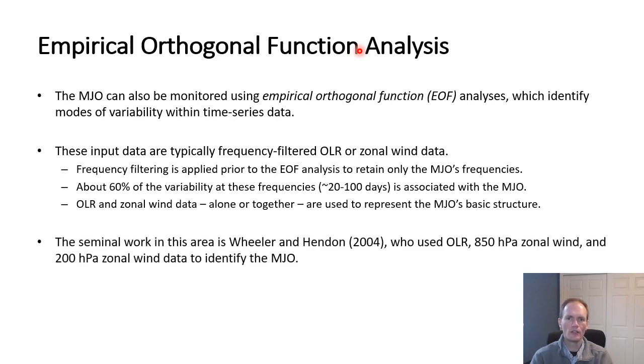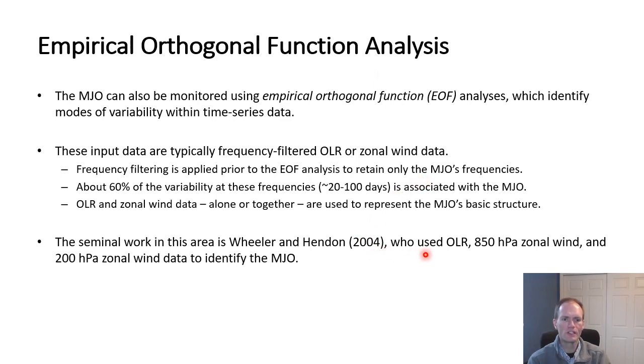The seminal, or the historically most important work in this area, is Wheeler and Hendon of 2004. They used all three of those variables: outgoing long-wave radiation, 850 hectopascal zonal wind, and 200 hectopascal zonal wind in the equatorial region, averaged on either side of the equator over a short distance, to identify the Madden-Julian oscillation.